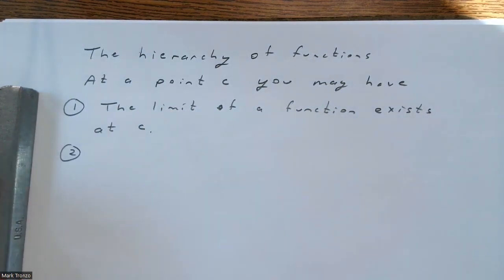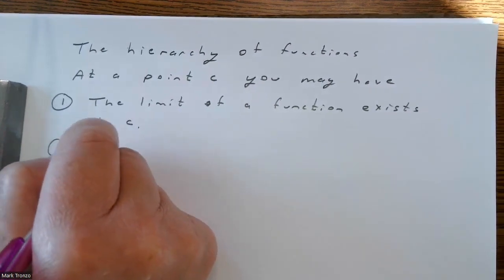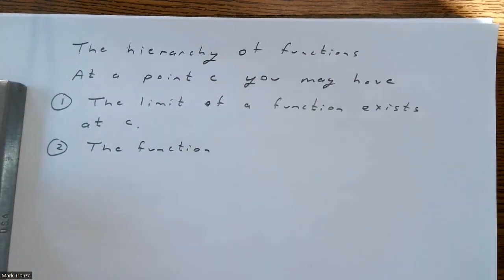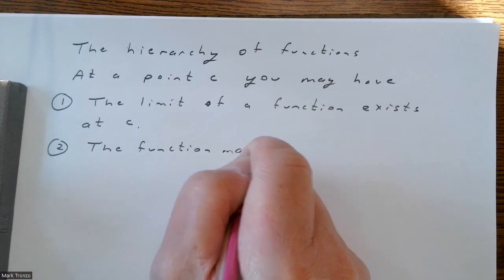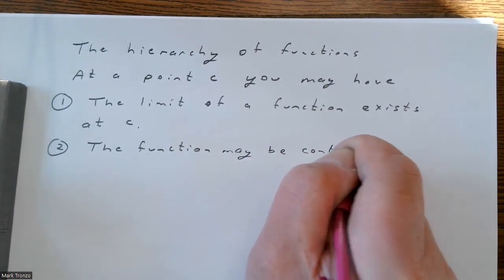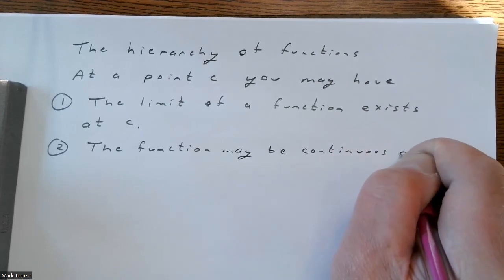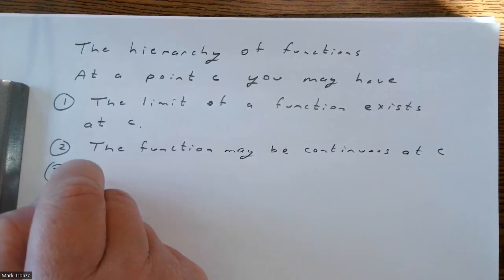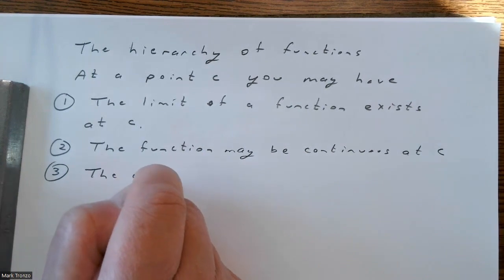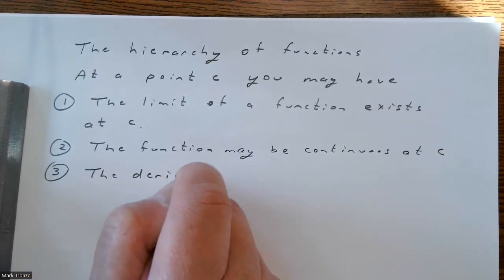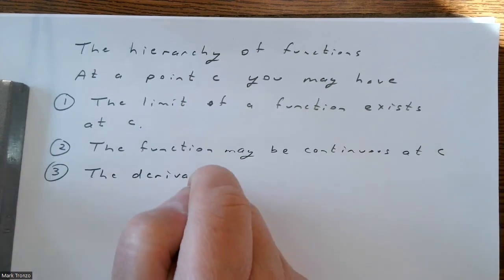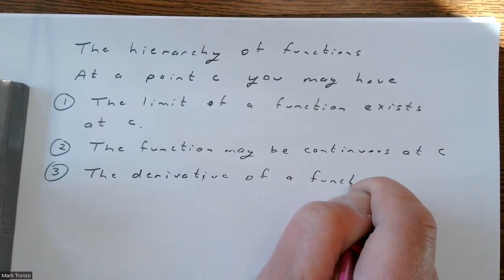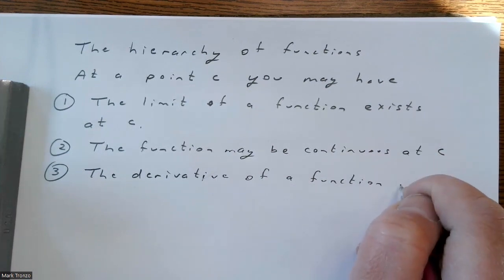The function may be continuous at c. And the derivative of a function may exist at c.